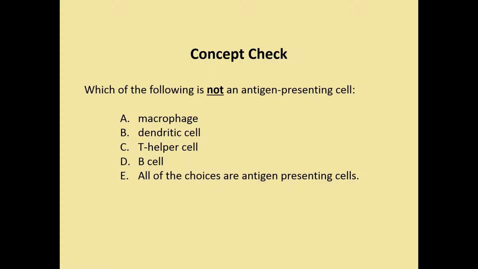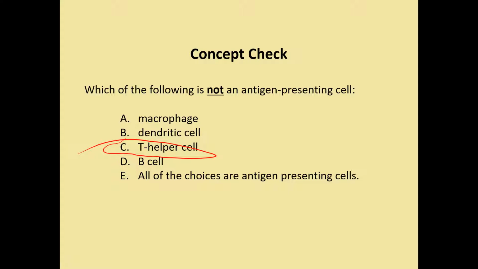Alright, so which of the following is not an antigen presenting cell? Alright, so we have macrophages, we have dendritic cells, we have T helper cells, we have B cells, or are all four of these antigen presenting cells? Well, in this case, your T helper cell is not an antigen presenting cell.